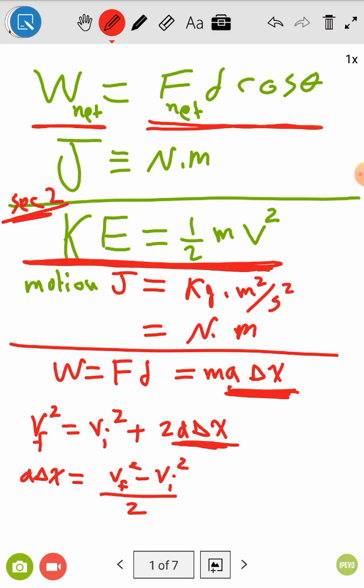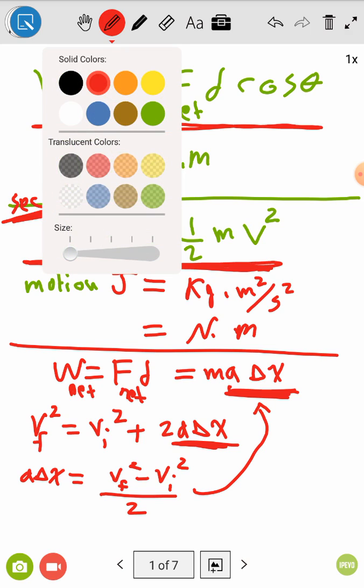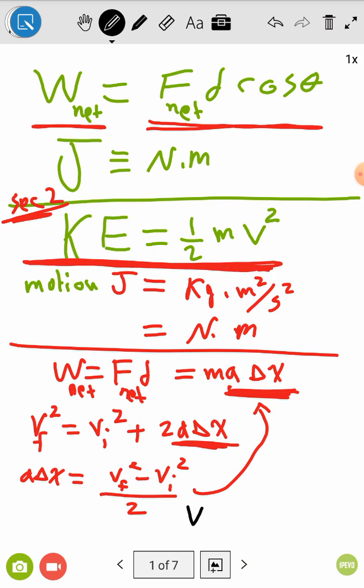Now substitute this value in place of a delta x, that means work net. Just rearrange that again, and you will find that work net equals half m v final squared minus half m v initial squared.